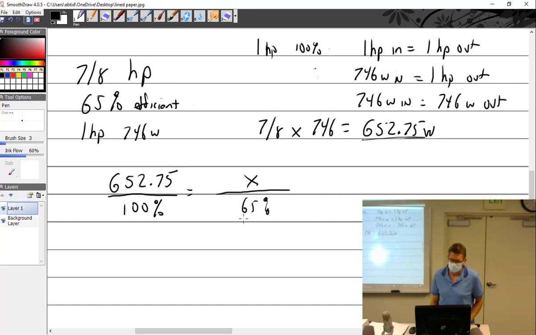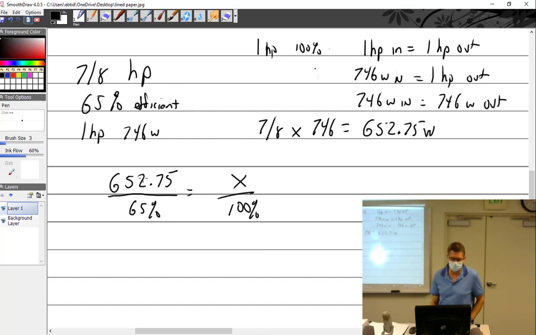I want to explain it really carefully. That's why I'll just do it. I wrote it down in my notes, even though at first it may not make much sense. But we could look at it this way. If 652.7 is the 65%, then what is the 100%? What is the input? And it does work out that way quite well.